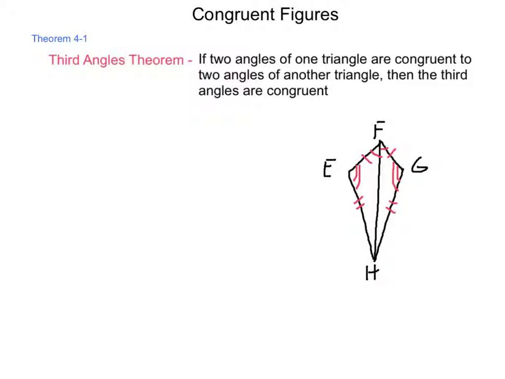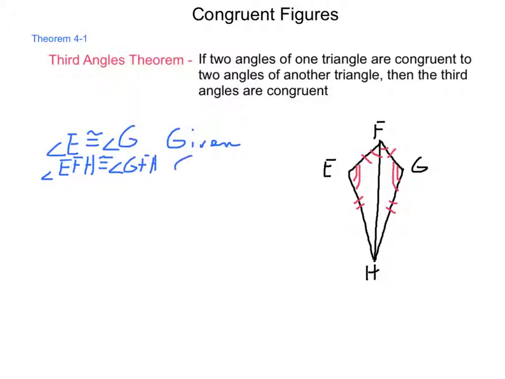So from this, can we conclude anything about the two triangles that are shown in the kite in this diagram, kite EFGH? Let's start looking at pieces, and let's do this in a proof format. We have angle E is congruent to angle G, and that's a given. Angle EFH is going to be congruent to angle GFH, and that again is a given fact in our diagram.